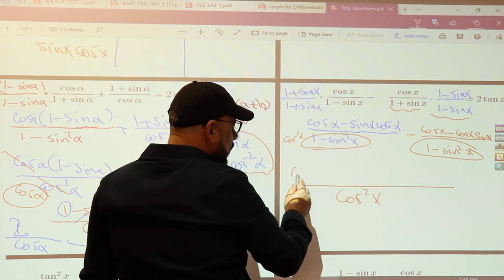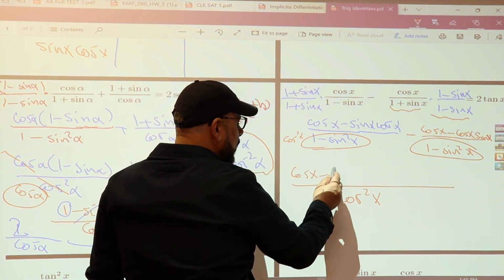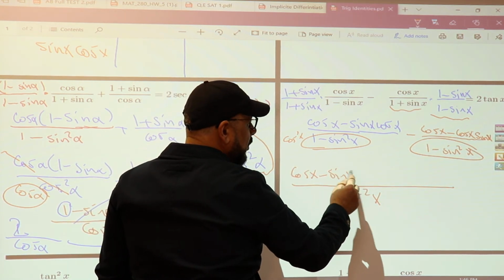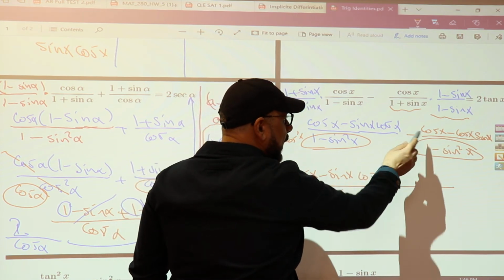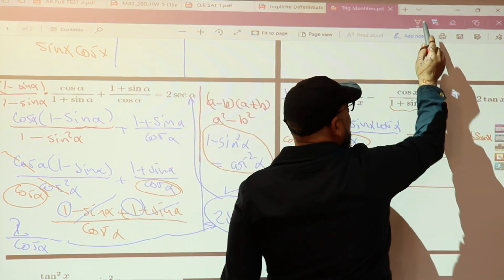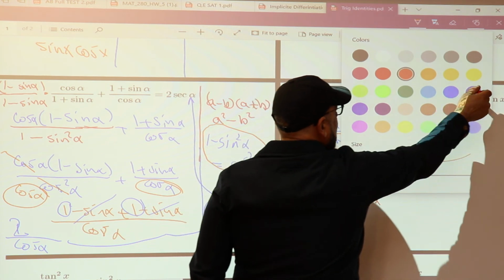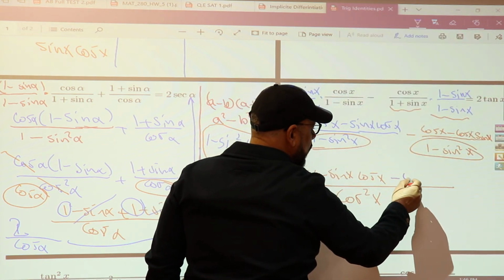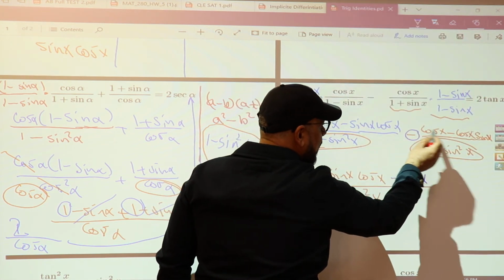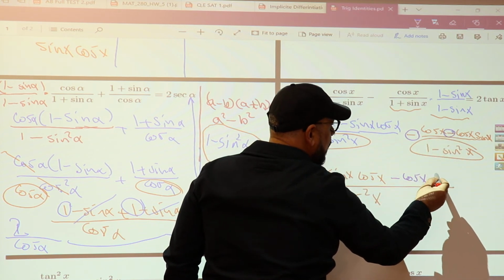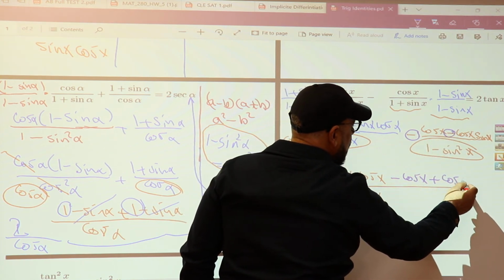In the top, cosine x minus sine x cosine x. And we have the minus here. The minus is going to affect everything here. The minus will be minus cosine x, and here minus, and here minus, the plus cosine x sine x.